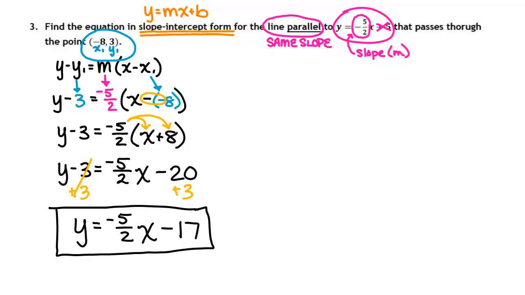Yes. What happened to the 8? We multiplied these two things together. When you multiply this and this, it gives you negative 20. Yep. Any questions so far?